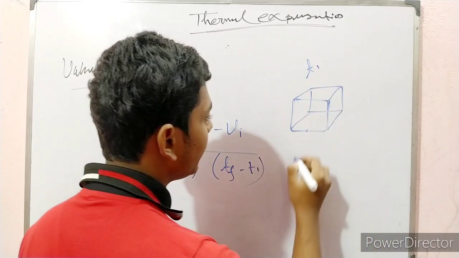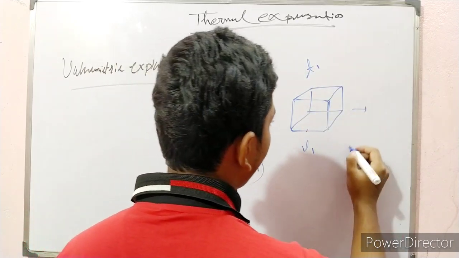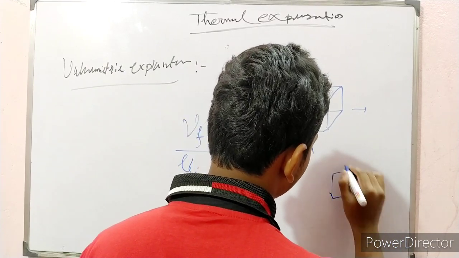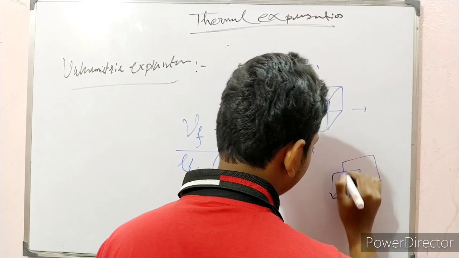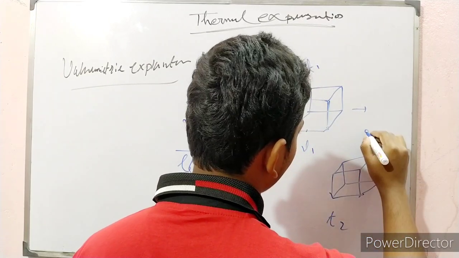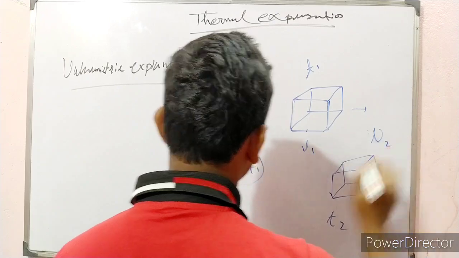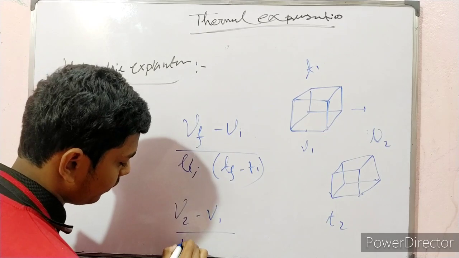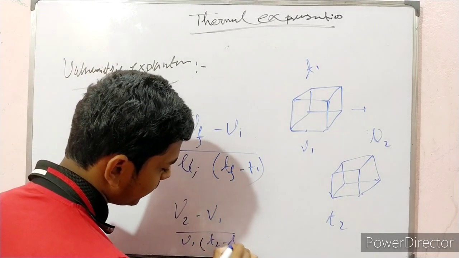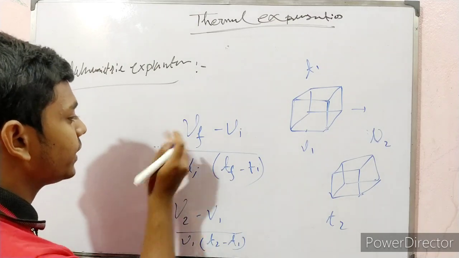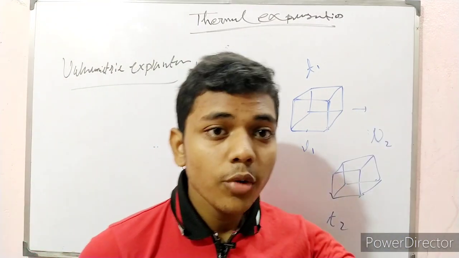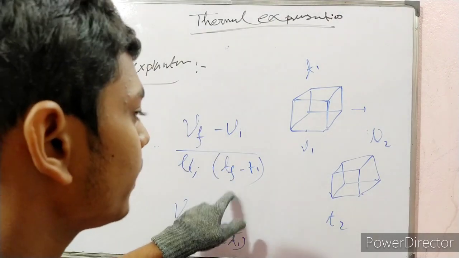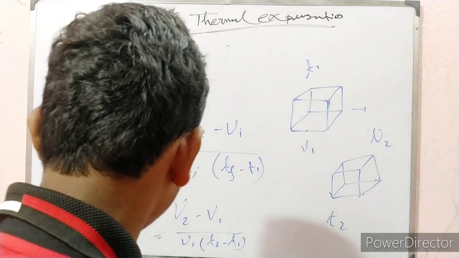At temperature T1, the volume is V1. When I give it a higher temperature, the volume will be higher, that is T2 and V2. You can write V2 minus V1 by V1 into T2 minus T1, that is the final volume minus the initial volume divided by the initial volume into the final temperature minus the initial temperature.